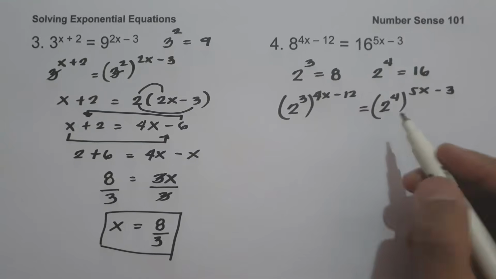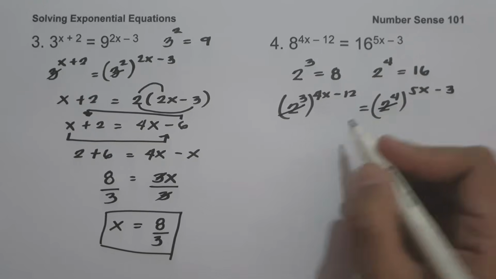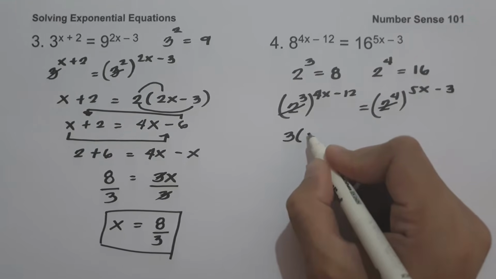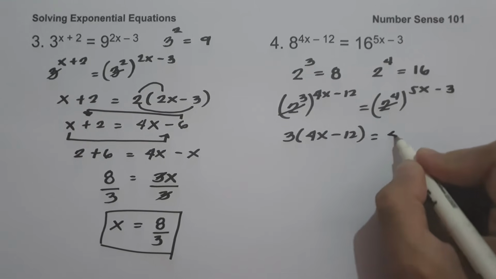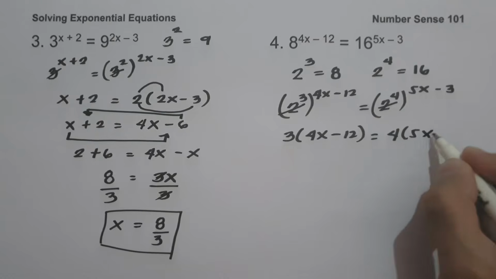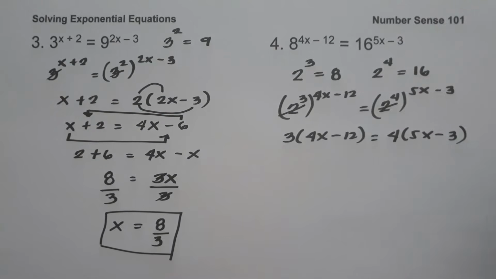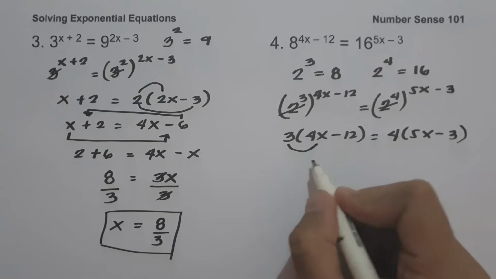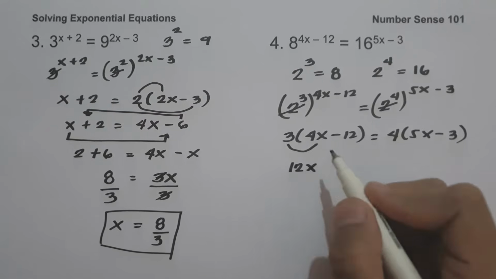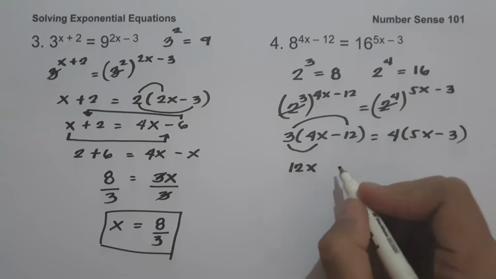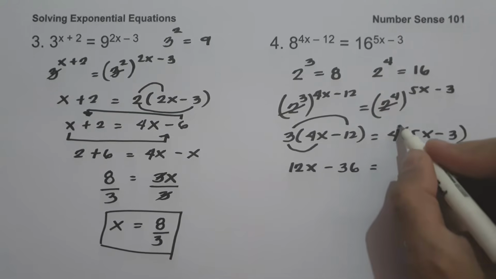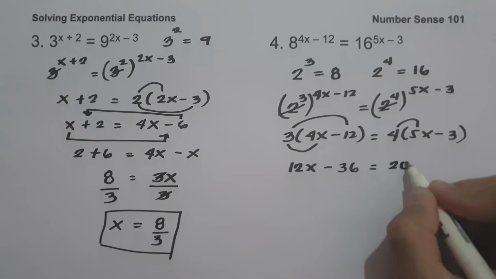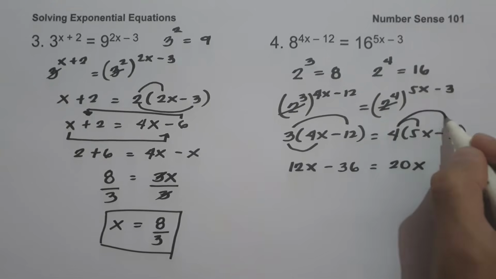Since we have the same base, let us cancel the base and let us have 3 multiplied by 4x minus 12 equals 4 times 5x minus 3. 3 multiplied by 4x is 12x. 3 multiplied by negative 12, that is negative 36, equals 4 times 5 is 20x, and 4 multiplied by negative 3 is negative 12.